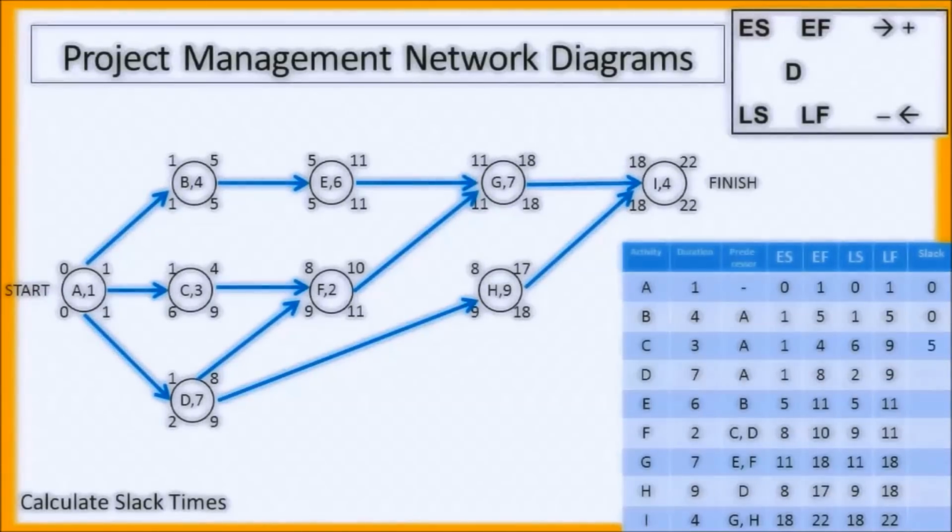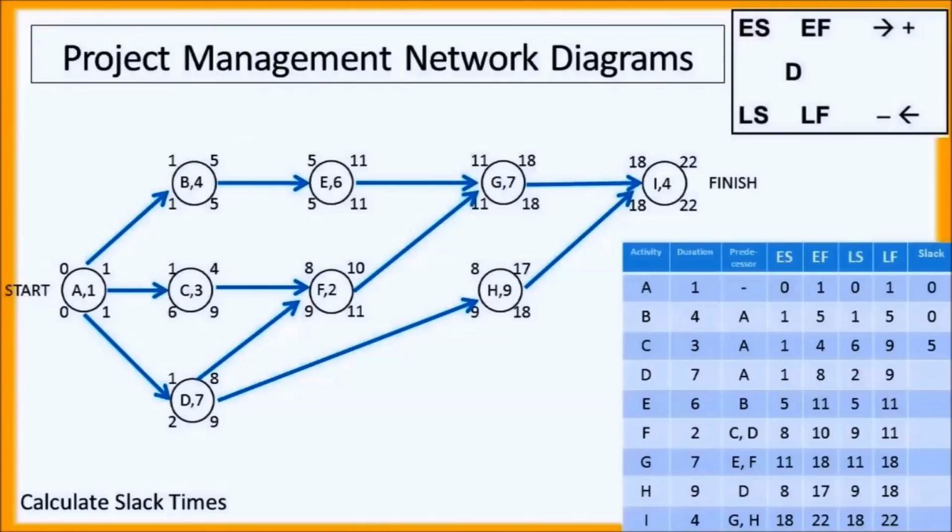Next, task C, 9 minus 4 is 5, or 6 minus 1 is 5. So C has a slack of 5. What this means is that C can be delayed up to 5 time periods, up to 5 days or 5 weeks, whatever the time frame is that we're looking for here with duration. It can be delayed up to 5, and the project still can be completed on time.